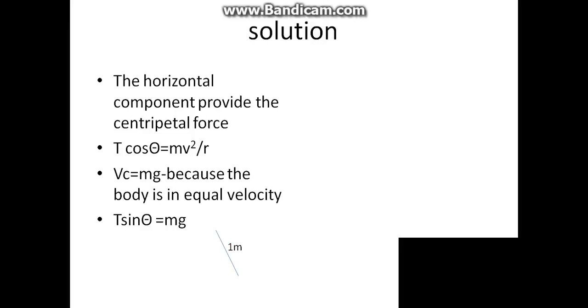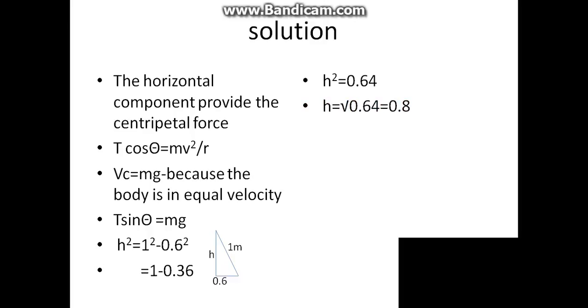According to Pythagoras theorem, the hypotenuse squared is equal to the sum of the squares of the other two sides. Then we have that h squared is equal to 1 squared minus 0.6 squared, which gives us 1 minus 0.36. h squared is equal to 0.64. h will give us the square root of 0.64, which gives us 0.8.